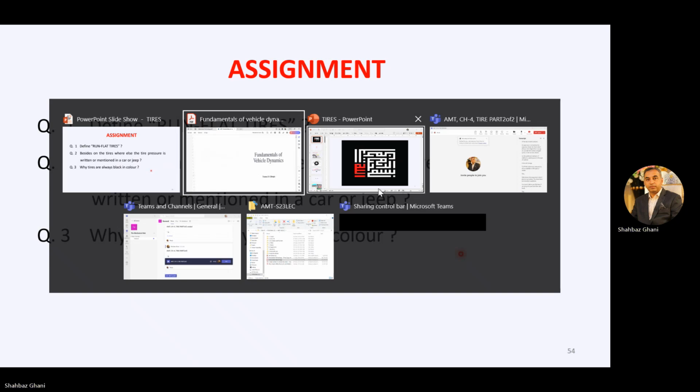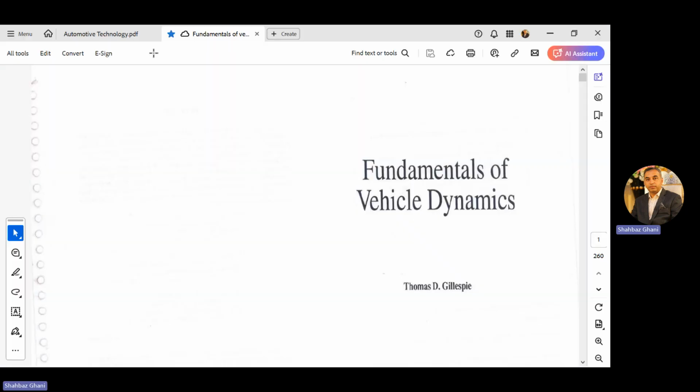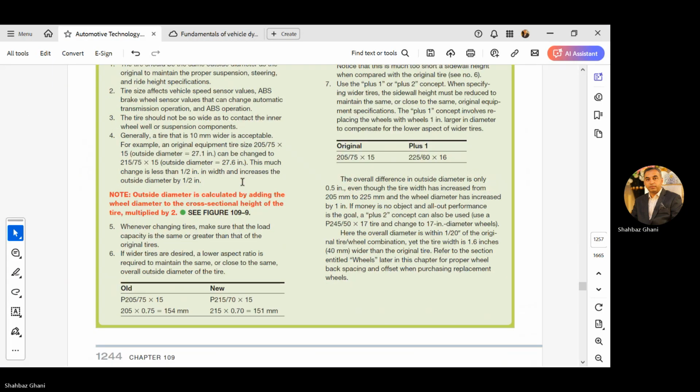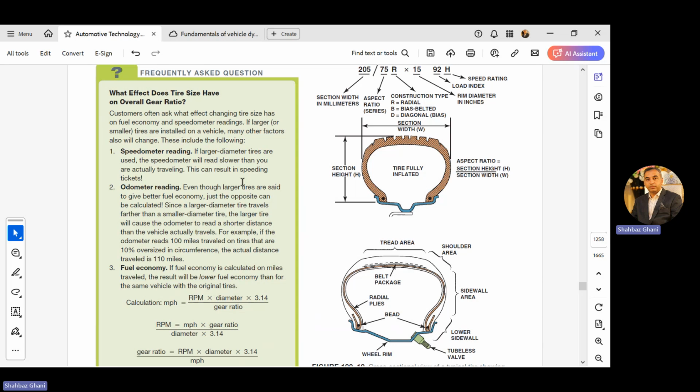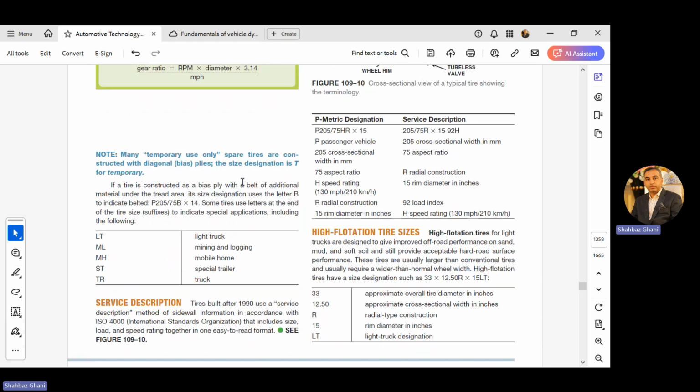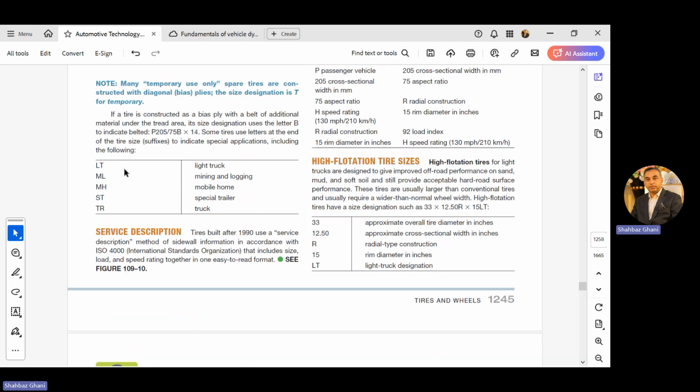the main book, this one. This is the chapter which I have covered from the book. If your tire has written LT, ML, MH, ST, or TR, LT is for light truck, ML is for mining and logging, MH is mobile home, ST is for special trailer, and TR for truck.